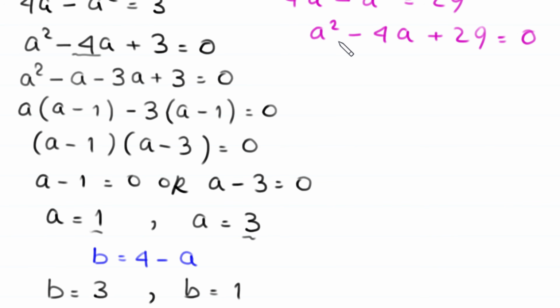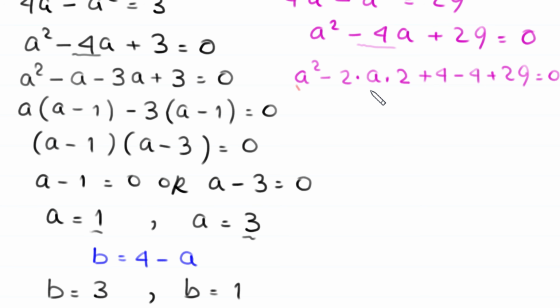Now this quadratic equation is not factorable. We solve it by completing the square method. We write this a squared and break this negative 4a as negative 2 times a times 2. It means to complete the square we add here 4 and we subtract 4, plus this 29 equal to 0.